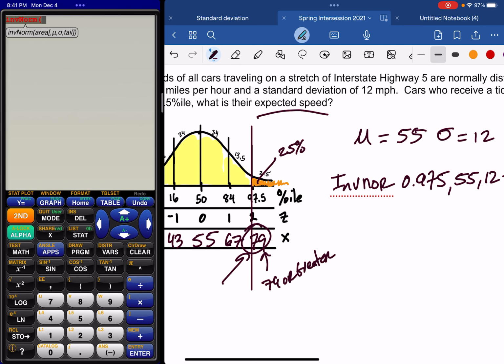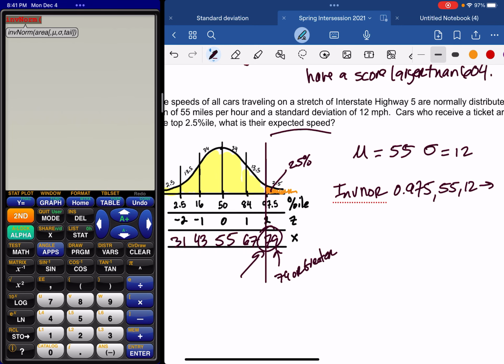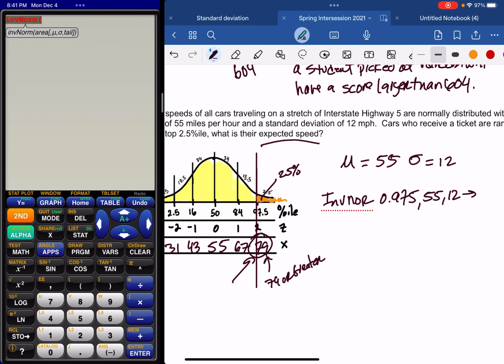Here we find the percentile from the left. That's how this is built on the TI-83. Some other calculators I've seen ask what the tail is: the tail to the left, to the right, or from the center.